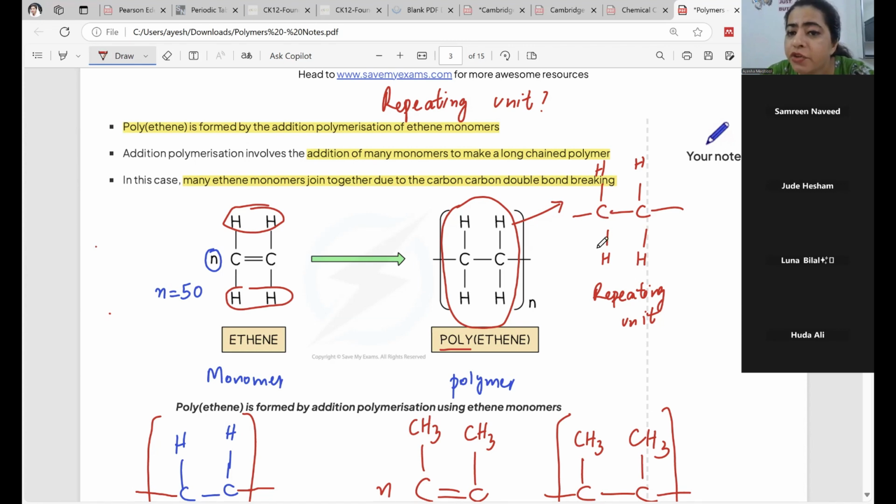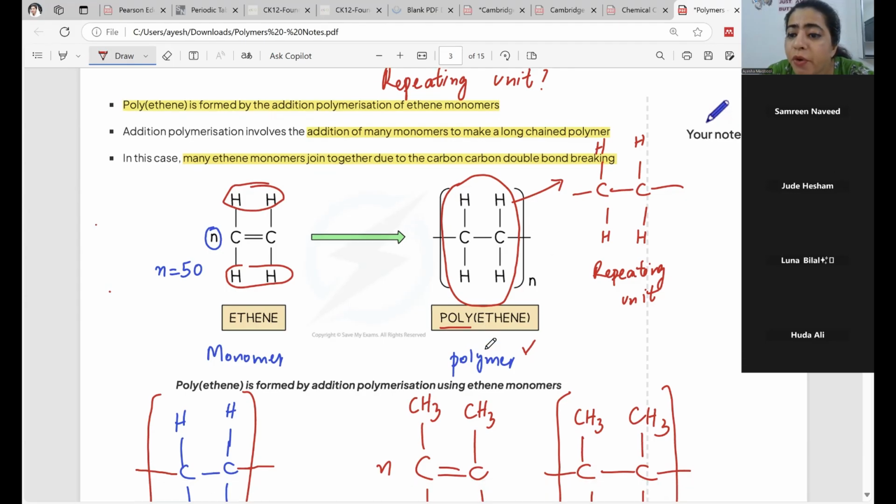So this part is going to be the repeating unit. So repeating unit will not have a square bracket and the number outside. If you put the square bracket and the number n outside, then it will become a polymer. Because polymer is telling how many times it has this unit. But the repeating unit is just telling that this unit is repeating many times. So that's how they are going to be different from each other.